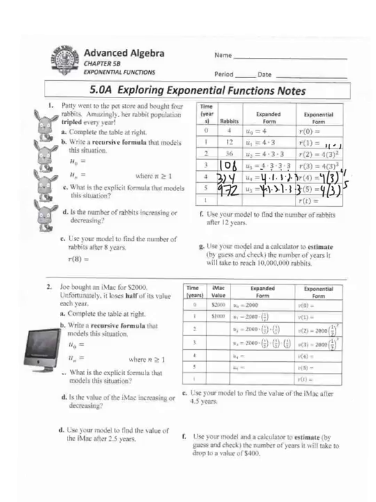So it's going to be, in general, 4 times 3 to the t. Right, notice the t. So 1, 1, 1, 2, 2, 2.